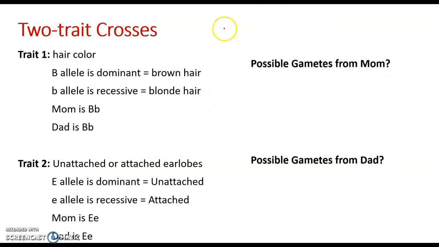So if you were going to perform the FOIL method, the first thing that you would do is write out mom's entire genotype, big B, little b, big E, little e. F stands for first, so big B, big E. O stands for outside, big B, little e.